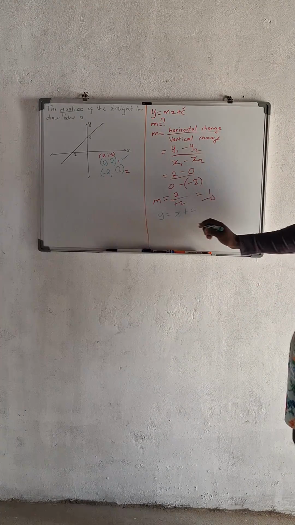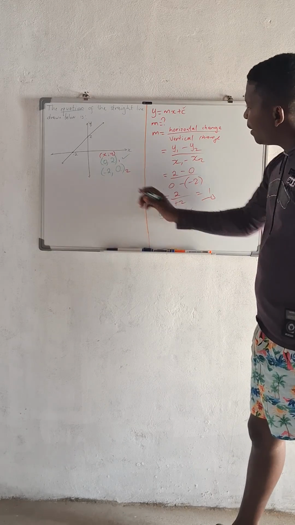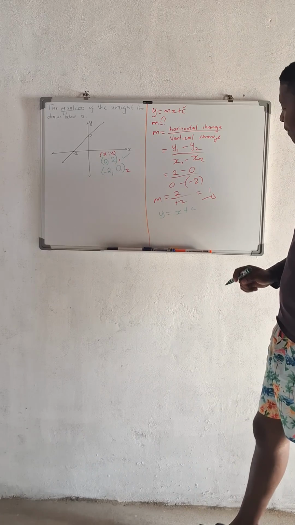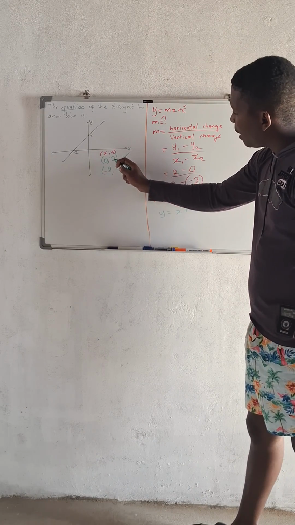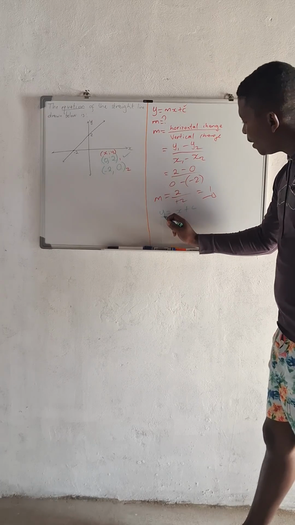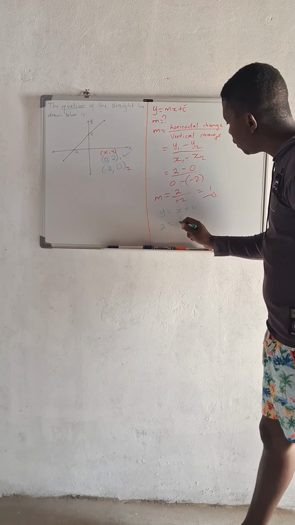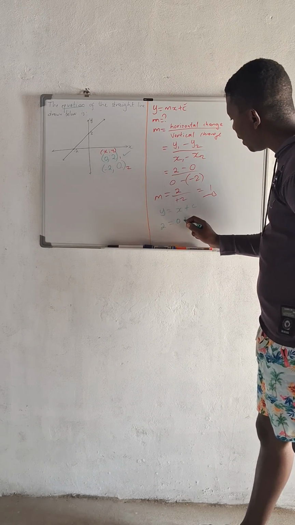Right. Now, I'm going to use this coordinate. As I've indicated here, this is a value of x, this is a value of y. Wherever I see x, I'm going to put 0. Wherever I see y, I'm going to put 2. So here is y, I'm going to put what? 2. 2 is equal to, wherever I see x, I put what? A 0. 0 plus c.